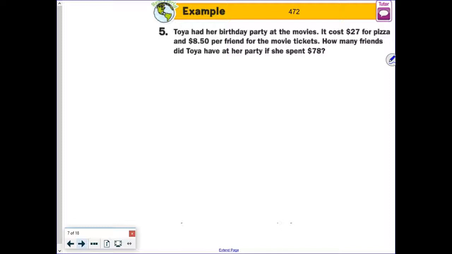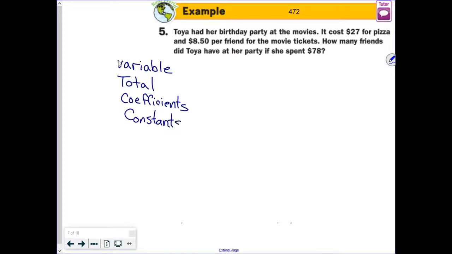So remember, when we do a word problem, we need to find the variable, which is the thing we're looking for. We need to find a total, which is going to be by itself on one side of the equation. And then we could find coefficients and constants.